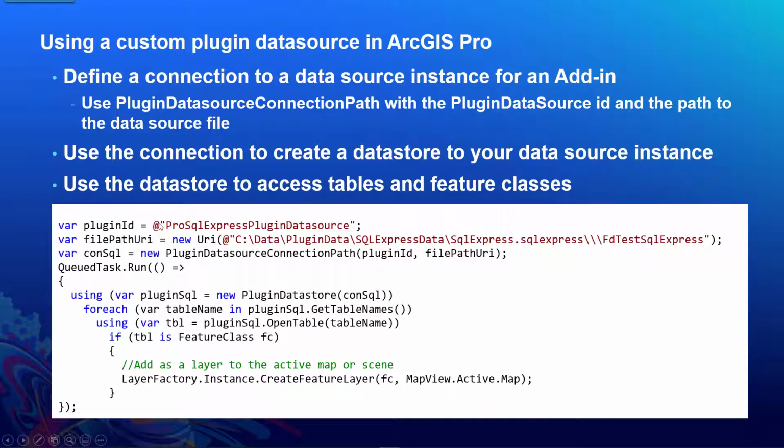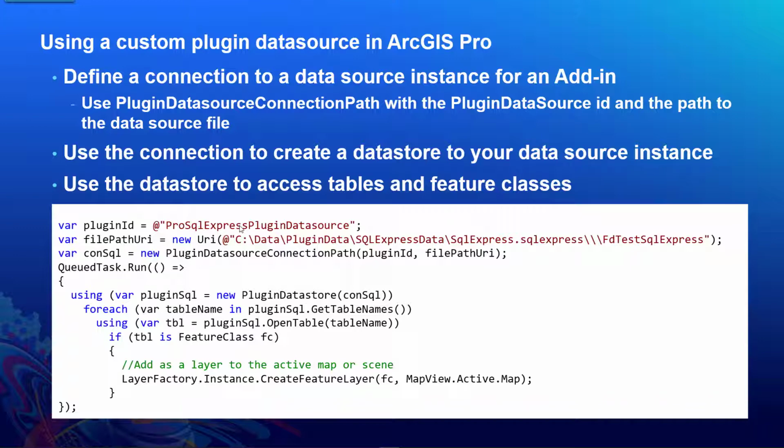Below you can see the code snippet, and here we have the plugin ID that's used in my plugin data source connection path. The plugin ID is the ID from the config.daml file that we just saw, where I have to register my plugin data source. So that string has to be identical to the ID of my plugin data source.